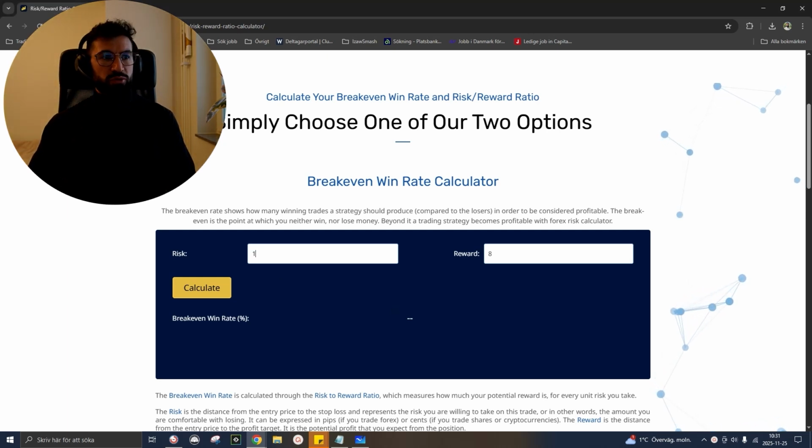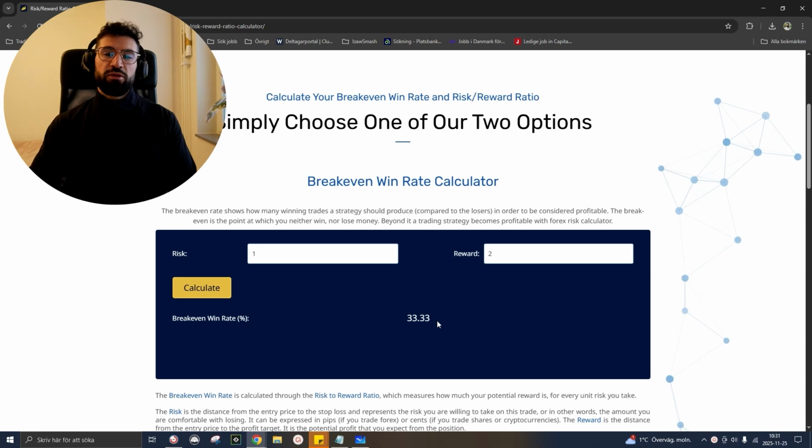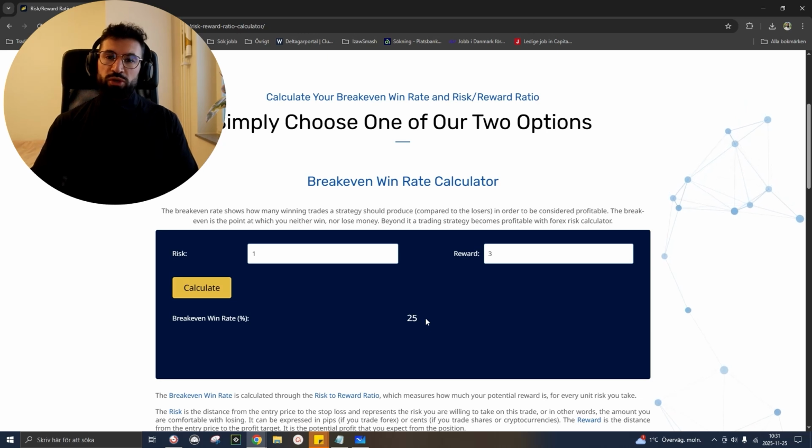If your risk reward is 1 to 2, your win rate should be 33%. Let's make it even, 30%. If your risk reward is 1 to 3, your win rate should be 25%. So let's make it simple.